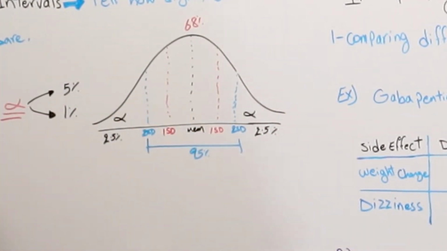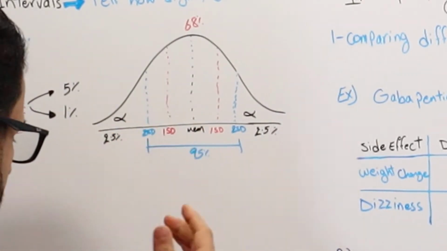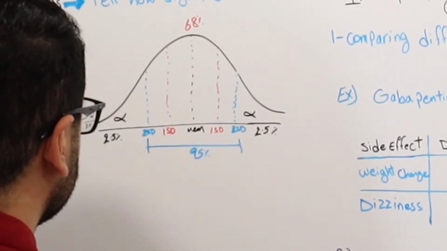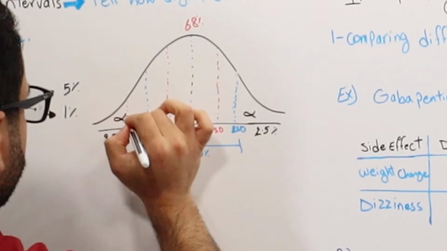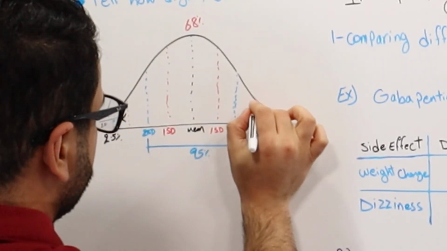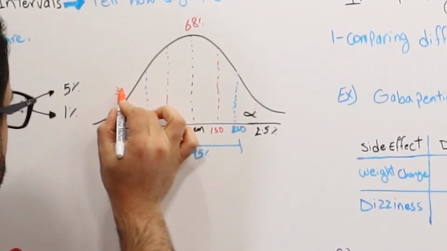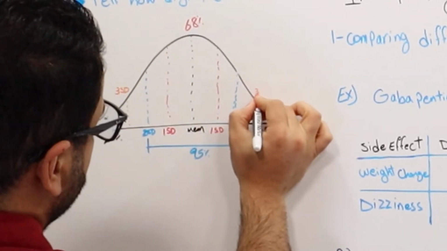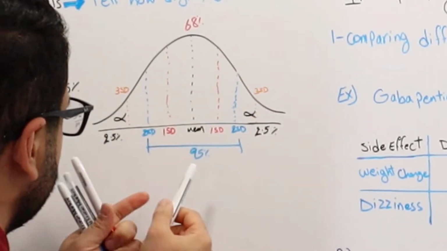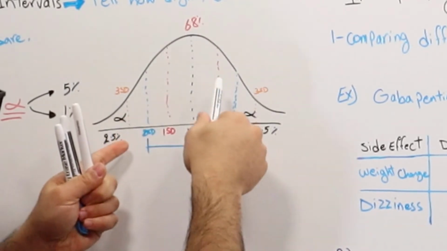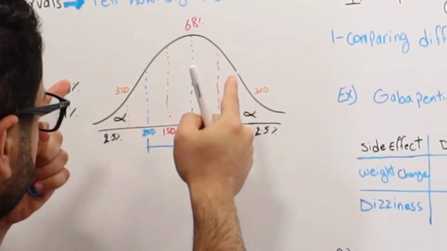There are some cases where we're going to see the 1%, which means 99%, which is covered by the third standard deviation. So this is the third standard deviation on each side, and 1% means it's a 99% confidence interval, which is covered by the third standard deviation.